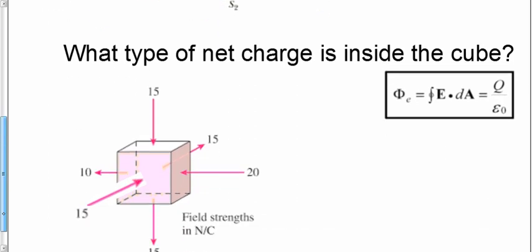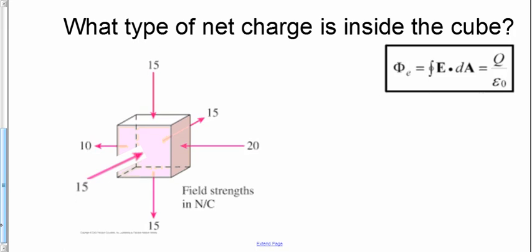Here's another kind of question very similar to this. It allows us to predict what is inside of a surface. So if we imagine a Gaussian cube now, and we somehow know the electric field strength at each of those 6 faces. Now this is completely ridiculous.